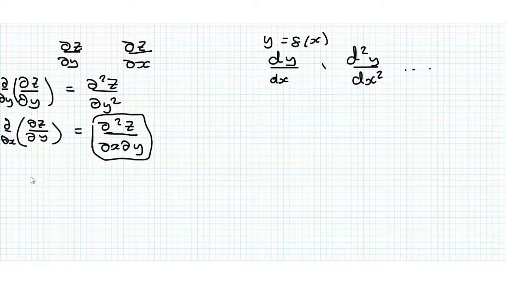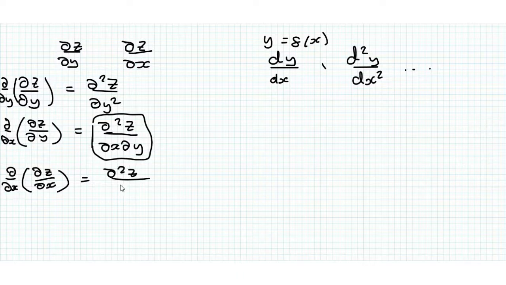Now we're going to look at partial dz by partial dx. If we differentiate that with respect to x, we get partial d2z over partial dx squared.